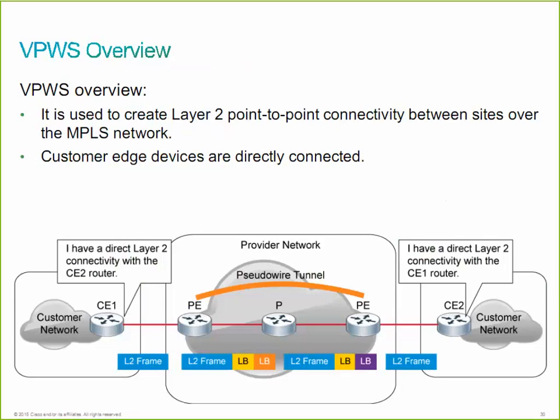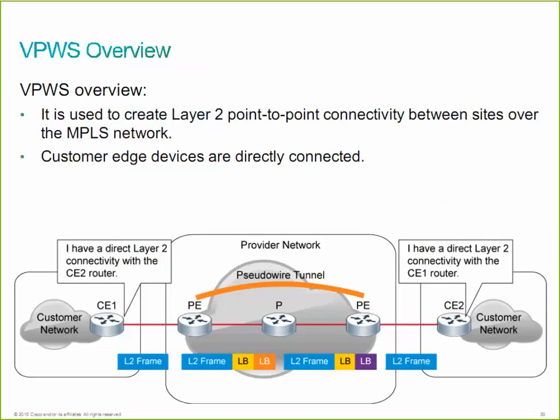And you guys are definitely going to have to know the difference between VPLS, the LAN service, and the wired service as well. So we're going to wrap up this chapter by talking about the differences between VPLS and VPWS. What we're looking at first, though, is VPWS.